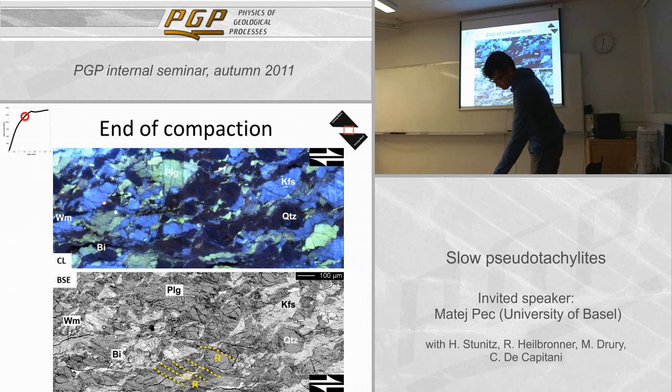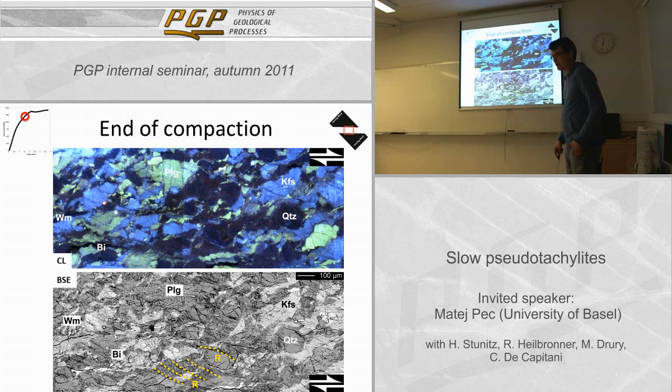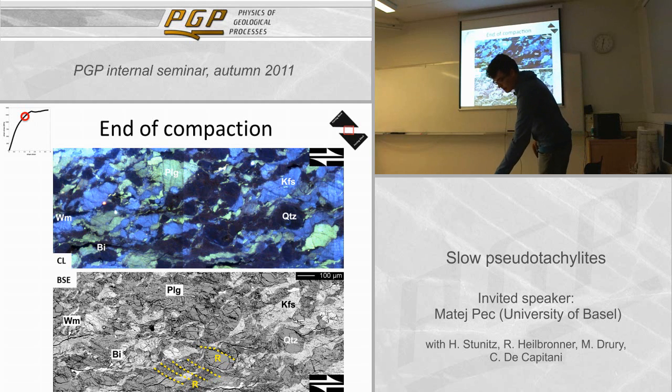At the end of compaction, which comes around a gamma of 1.5, you can see that this zone is pervasively cross-cut by closely spaced Riedel fractures that offset the individual grains and produce a lot of fine-grained material.